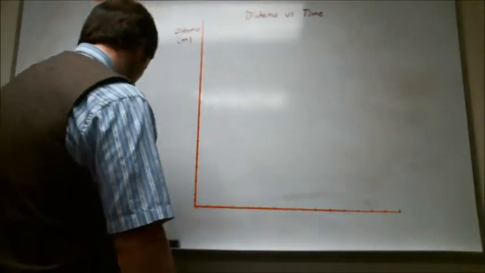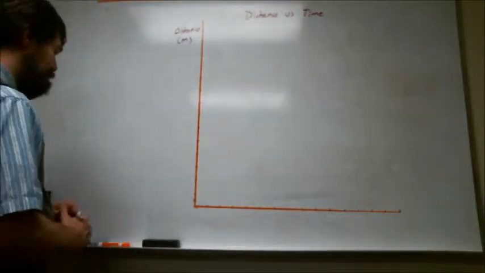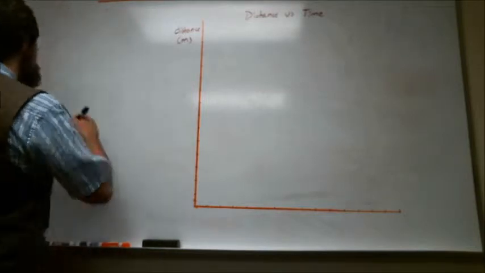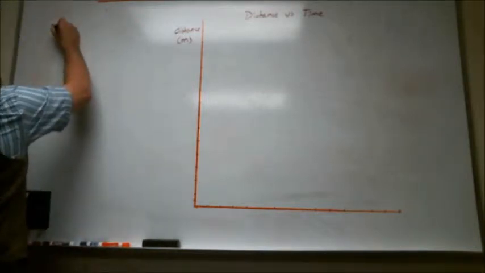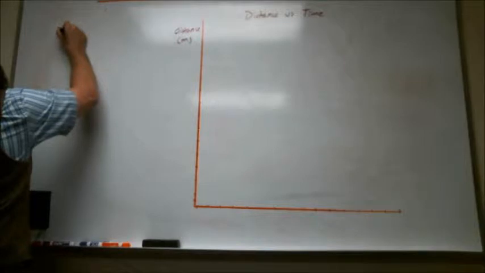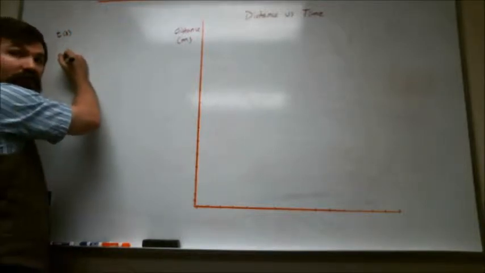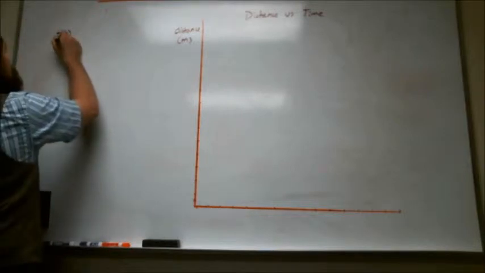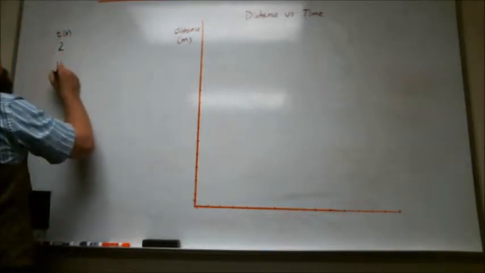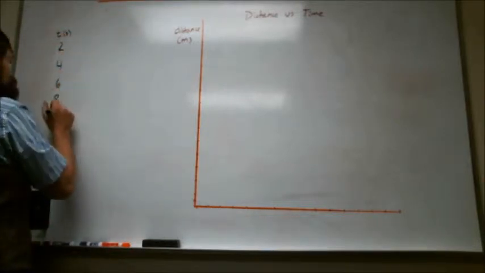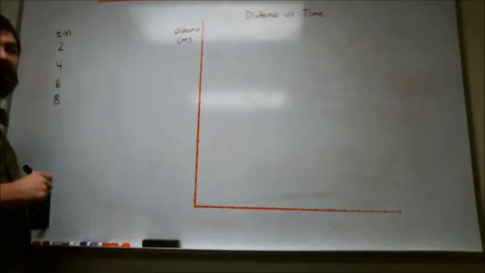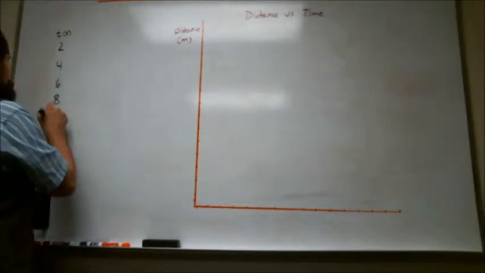So you write out your data, and it looks something like this. Time in seconds, and you take readings every 2 seconds. So let's say you get one at 2, 4, 6, 8. Maybe something goes wrong. You don't get the one at 10, but you get one at 12.